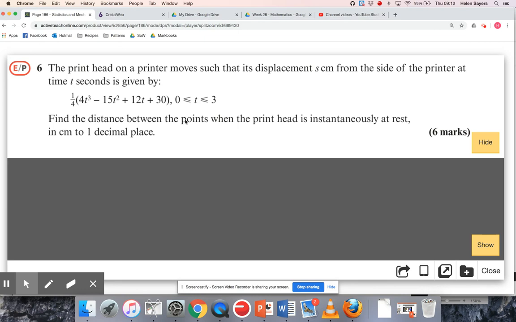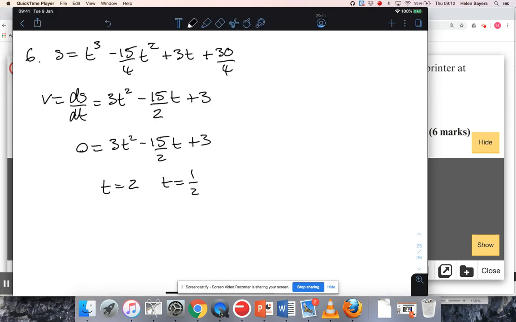It wants the distance between those 2 points. So I'm going to just use those 2 values of t to work out the displacement at each point in time, and then the distance between the points will be the difference between those 2 answers. So when t is 2, s is going to be 2 cubed minus 15 over 4 times 2 squared plus 3 times 2 plus 30 over 4.